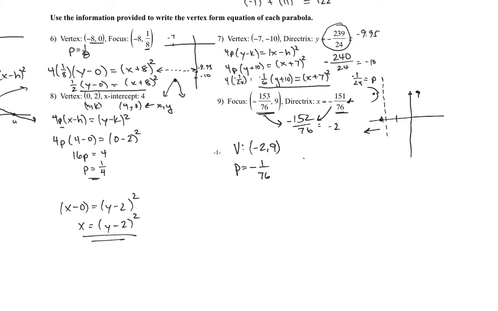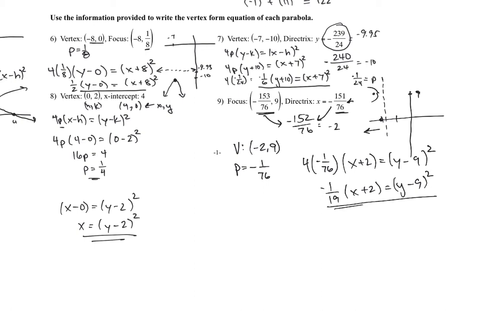So I'm going to bring my formula down. So 4 times -1 over 76 times, it's going to be x minus -2 equals y minus 9 squared. And I'll simplify that, and you're going to get -1 over 19 times x plus 2 equals y minus 9 squared. And that's how you do it there.